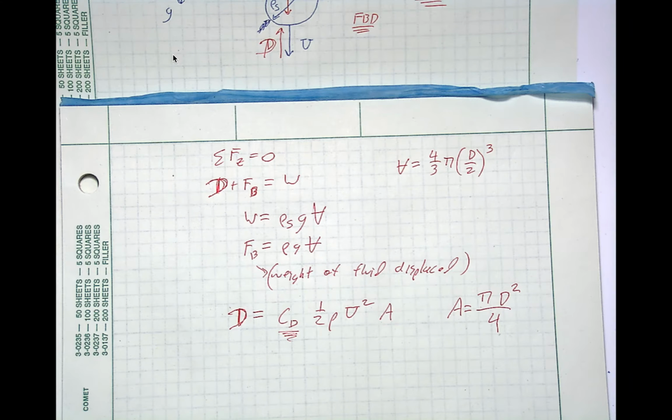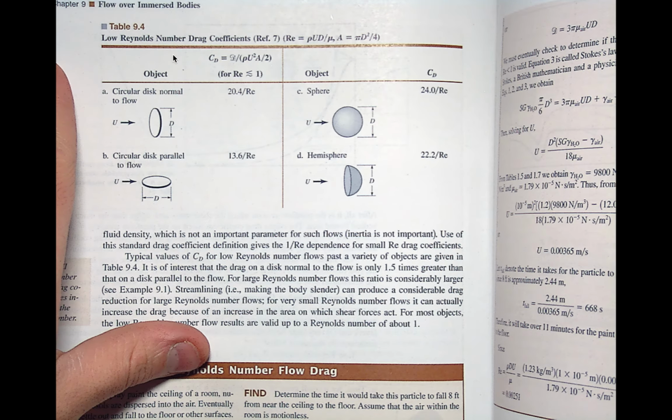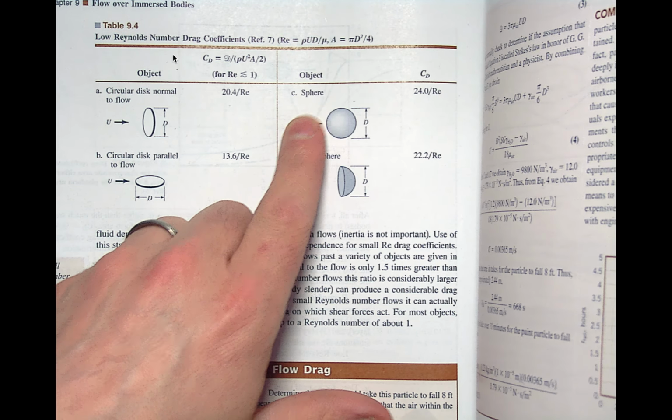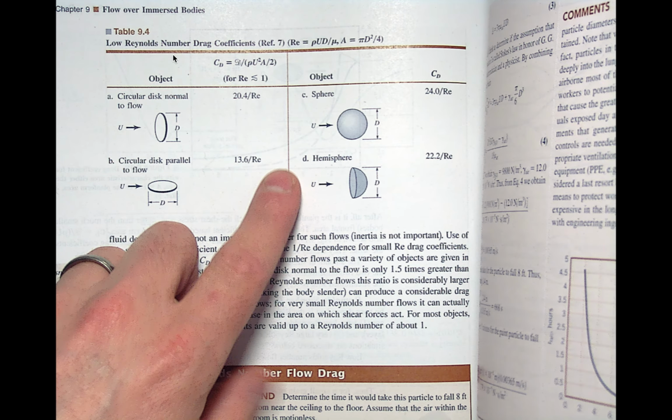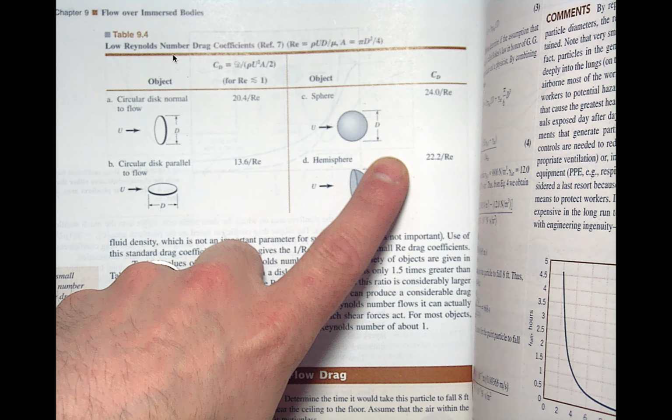So we go to the proper table for really viscous flow, and again, this would be given to you. We have on page 518, table 9.4, flow over certain things at low Reynolds number dependent coefficients. And we can see here, if it's really low Reynolds number, we can actually get the drag coefficient in terms of the Reynolds number itself.